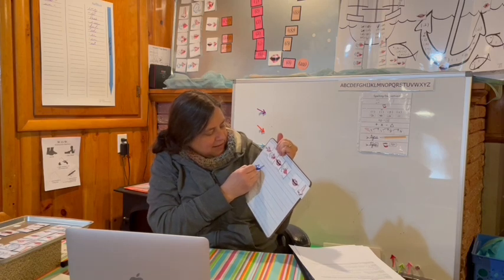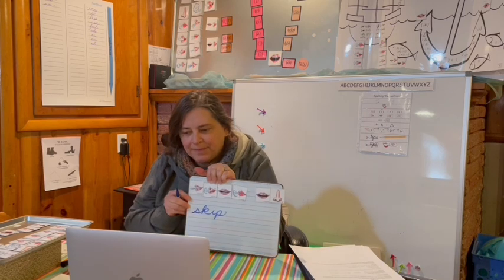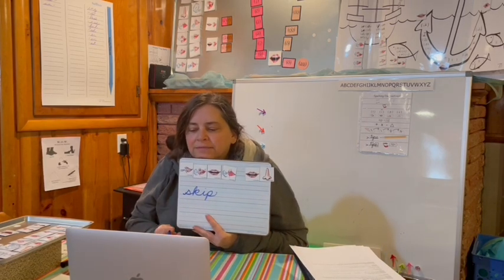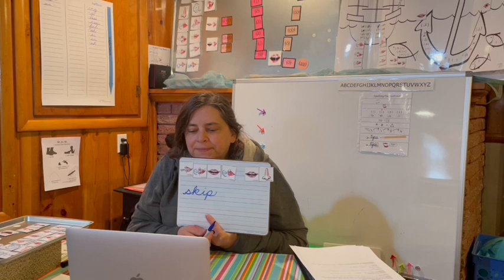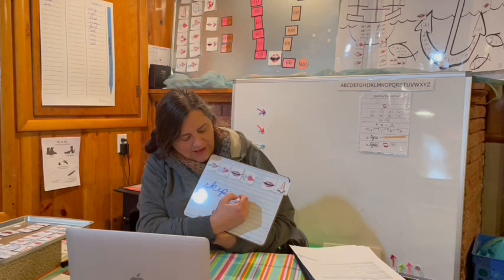S. K. And I don't know how good your cursive is, but if you need to write it in print, you may. So S-K-I-P. That's my base word. Skip. Skipping. Yeah, and I know my vowel suffix I-N-G.